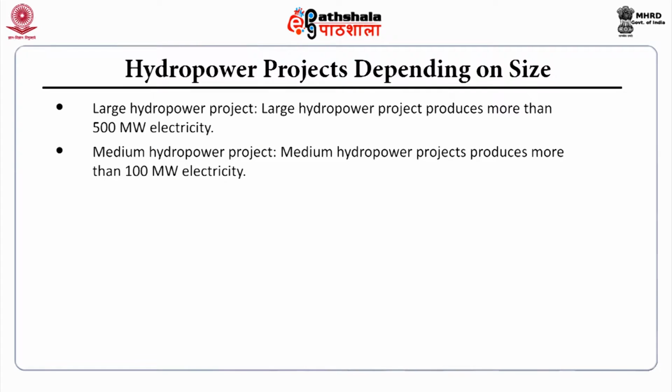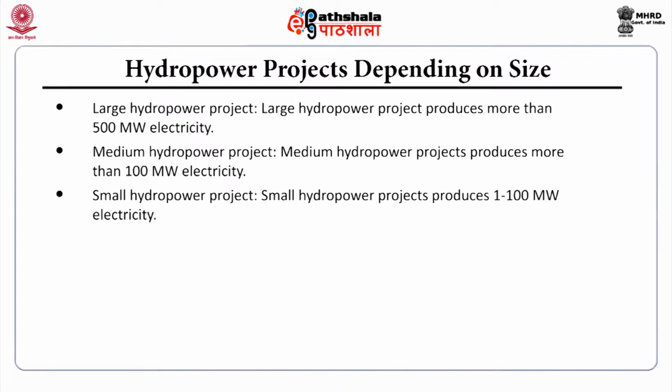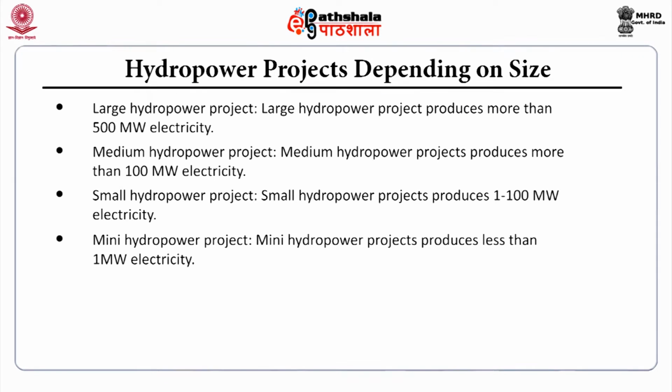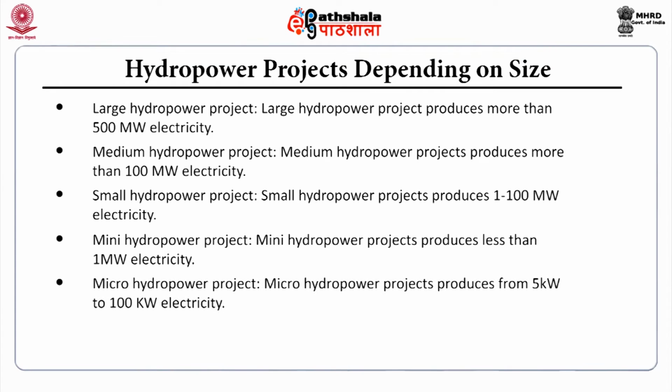Medium hydropower projects produce more than 100 megawatt electricity, and small hydropower projects produce between 1 to 100 megawatt electricity. Then the mini hydropower projects produce less than 1 megawatt electricity, and at the end micro and pico hydropower, which produce electricity in kilowatts.